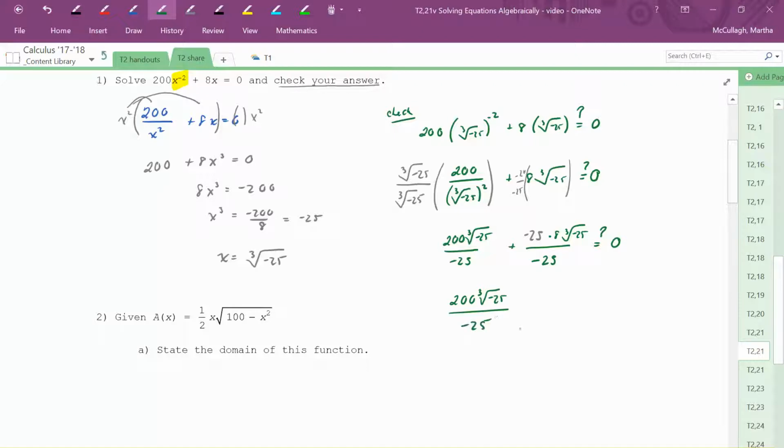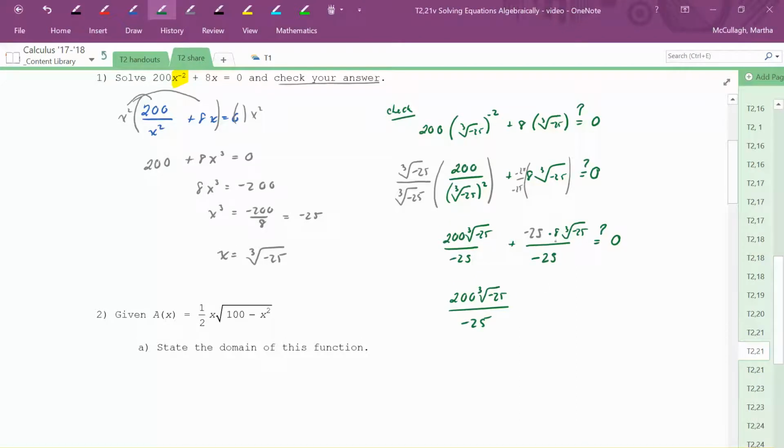I could reduce that. I have plus a negative, negative, negative gives me a positive, but I'm going to keep that common denominator that I want. It's tempting to cross those out, but 8 times 25 is negative 200 cube roots of negative 25.